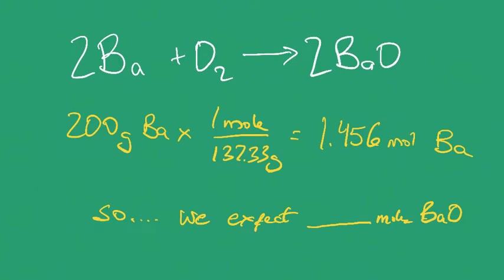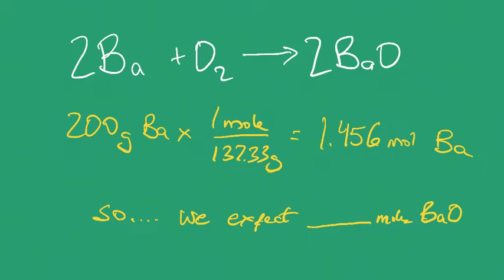All right, I hope that you got the same answer here: 2 moles of barium produces 2 moles of barium oxide. They gave us 200 grams of barium, and we have to convert that to moles. We know that 1 mole of barium, which we just looked up on the periodic table, is 137.33 grams.